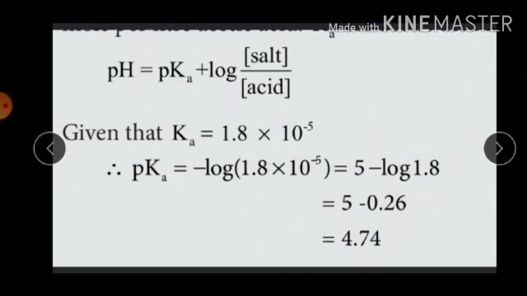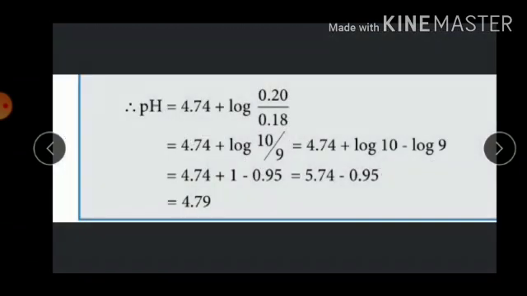Now we are going to substitute this value into pH. pH is equal to 4.74 plus log 0.20 by 0.18. If you divide this, we get 10 by 9, which I will write once again: 4.74 plus log 10 minus log 9.